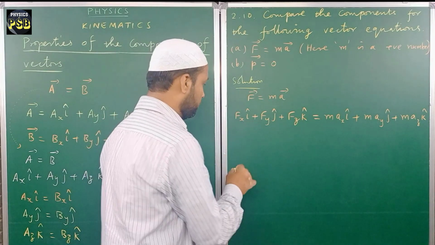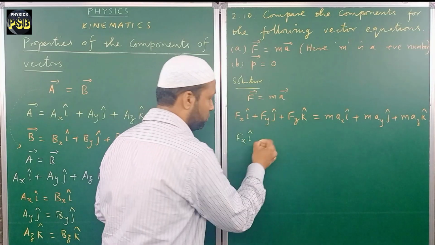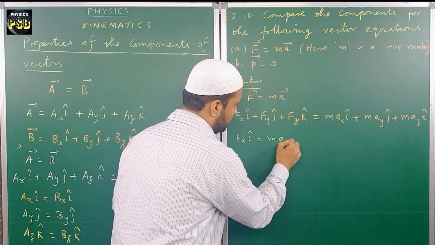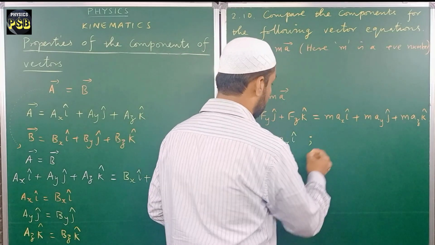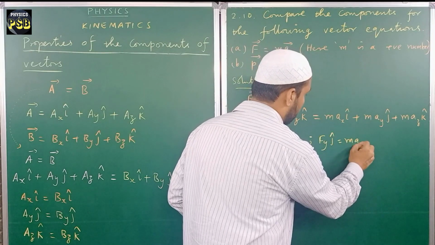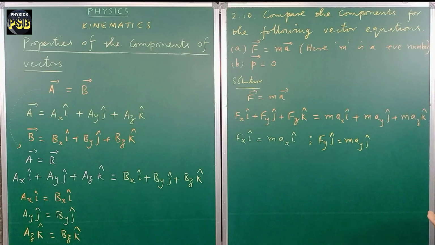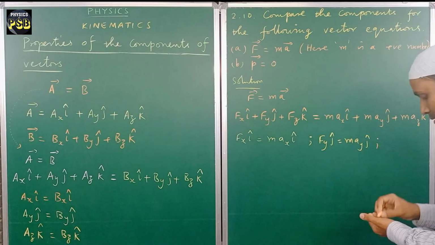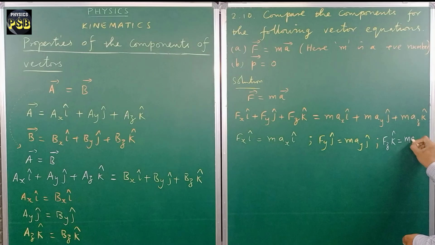Fx i cap will be equal to m ax i cap. In a similar way, Fy j cap is equal to m ay j cap. Similarly, Fz k cap is equal to m az k cap.